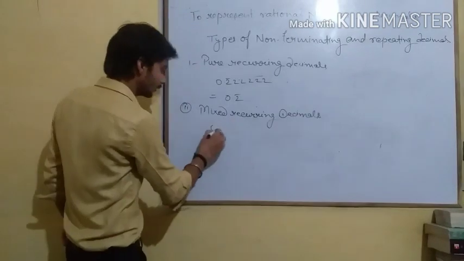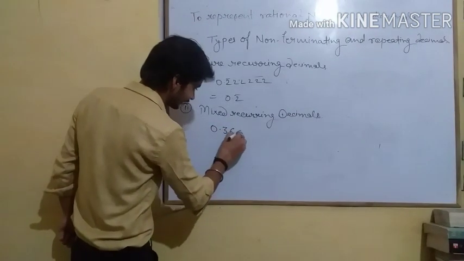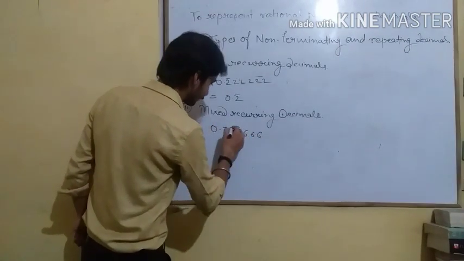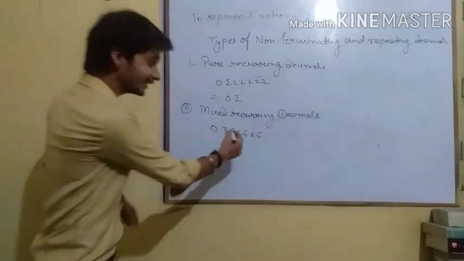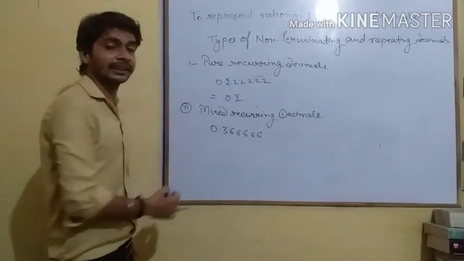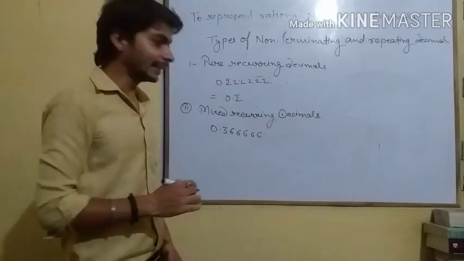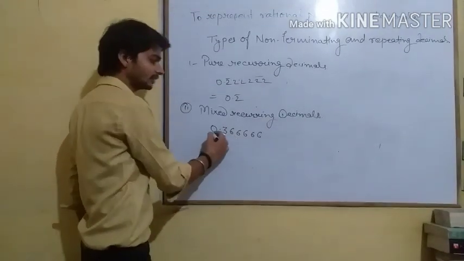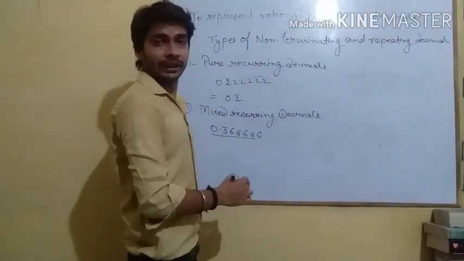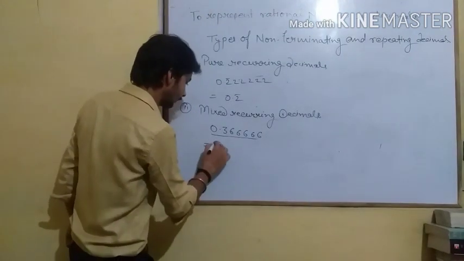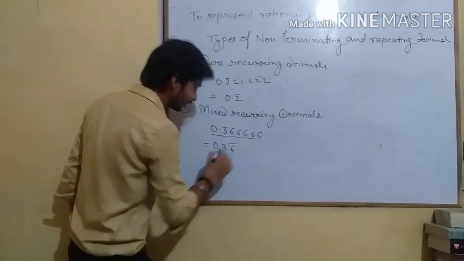If we have 0.366666, here the 6 is repeating, but the 3 after the decimal is not repeating. Hence, the value is a mixed recurring decimal, and it will be written as 0.36 bar.